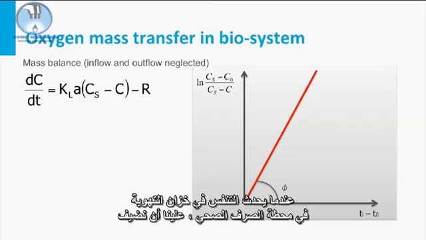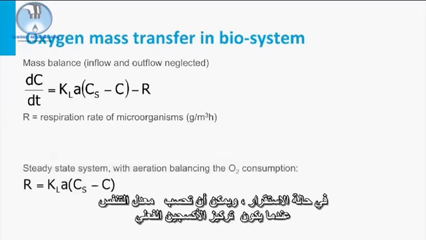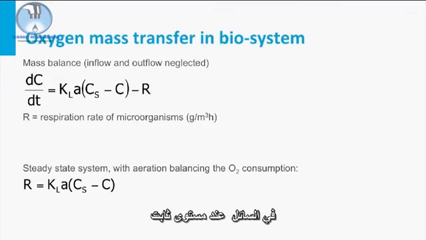When respiration occurs in the aeration tank of a sewage treatment plant, we have to add a respiration rate to the mass balance. In this equation, it is expressed as R. In a steady state, the respiration rate can be calculated when the actual oxygen concentration in the bulk liquid is maintained at a constant level.